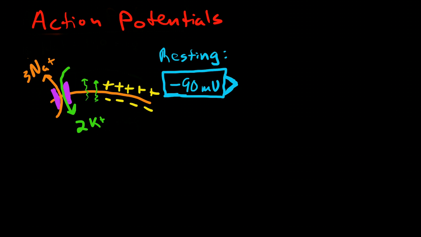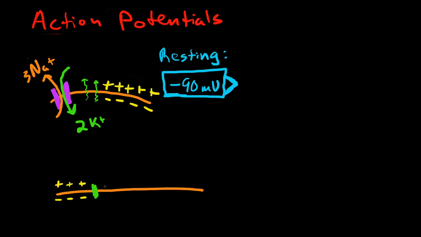Okay, so we have this resting potential, and what happens with an action potential is something starts a process that opens up a sodium channel, and sodium rushes into the cell.